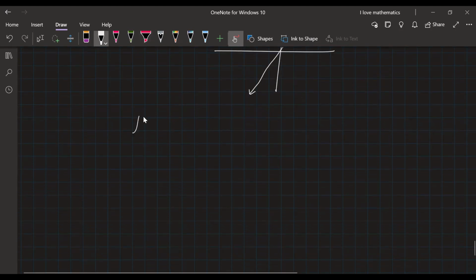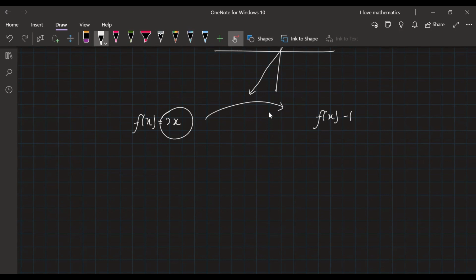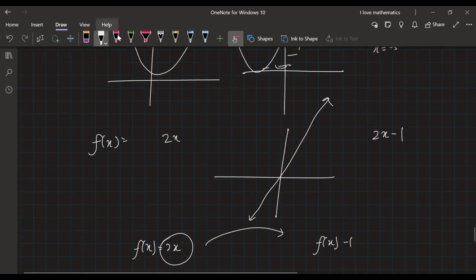If f of x is 2x, what is the graph of f of x minus 1? You can see the value of y would decrease by 1 for every x, right? So at this x, we were getting this y, but now at this x, we would get this y.